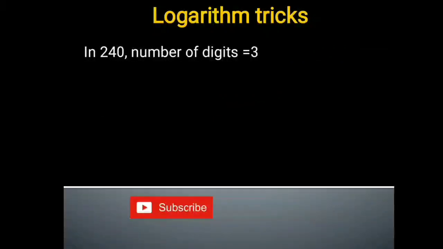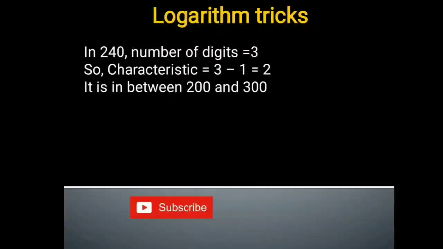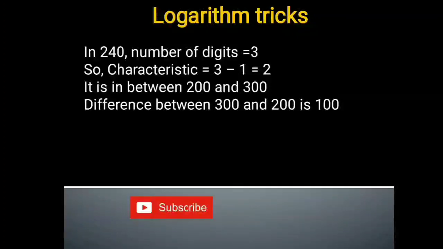How can you find the log value of 240? Even here also you have 3 digits, subtract 1 from it, characteristic value is 2. Now the question is, how can you find the mantissa? We will follow the same procedure, but a small variation is there. 240 is present in between 200 and 300, but it is not the exact average value of 200 and 300. So what we do is, we will find out the difference between 300 and 200.